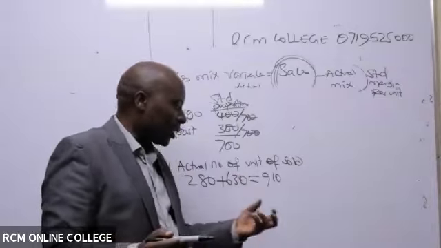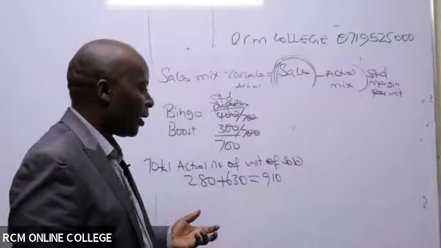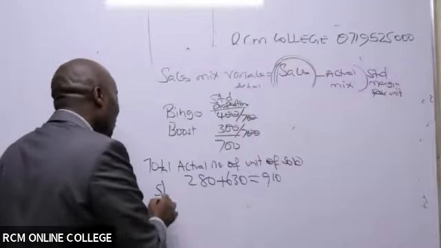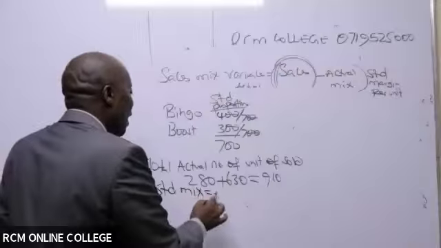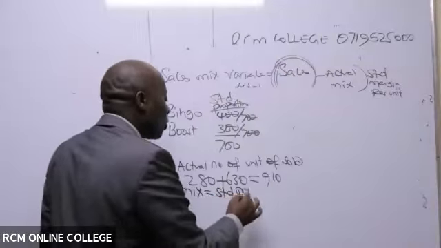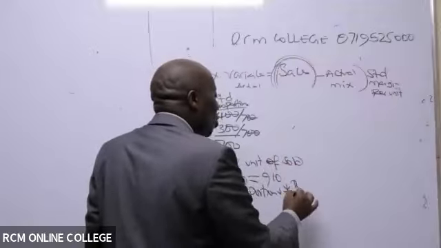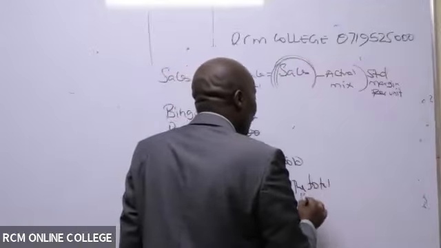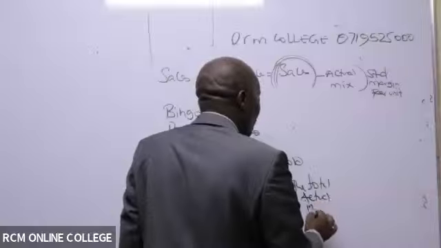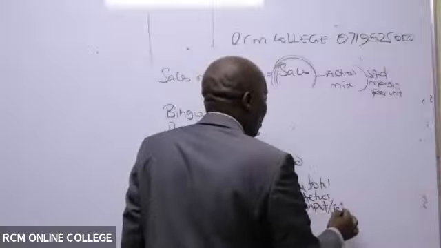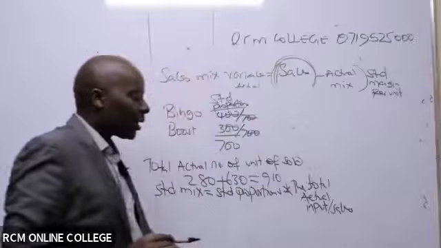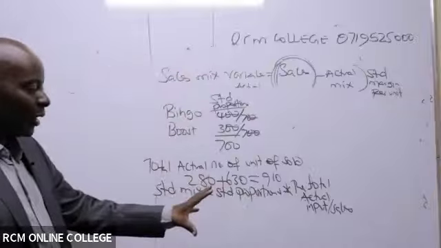These are sales variances here. Remember, how do I get the standard mix? I will take the standard proportions times the total actual input or sales, depending on what you are handling. Here we are handling sales, so you use the total actual sales.